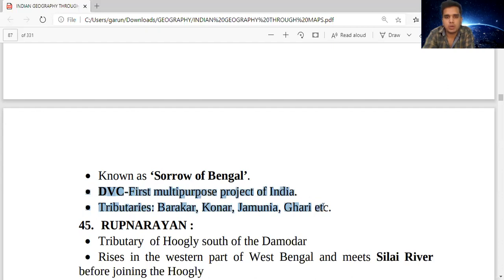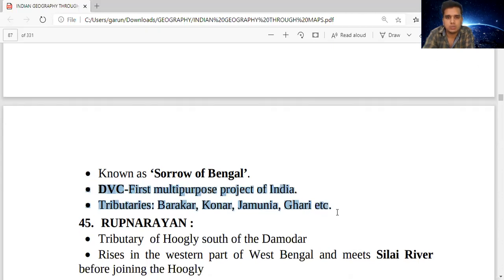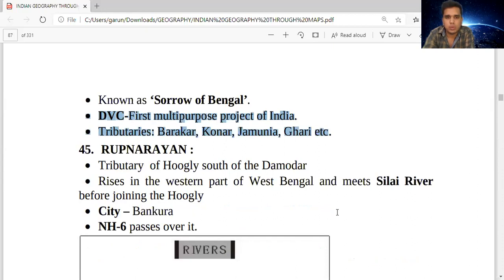Tributaries: Barakar, Konar, Jamunia, Ghari, etc. Next is Roop Narayan, a tributary of Hooghly, south of Damodar.